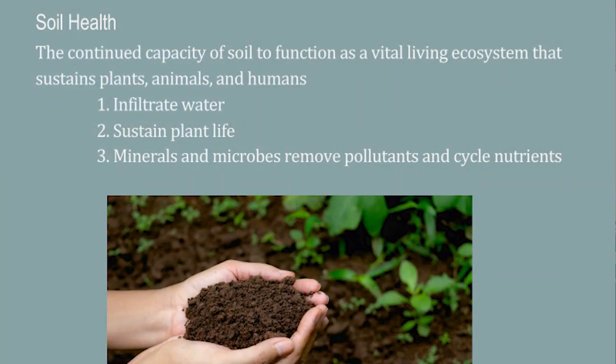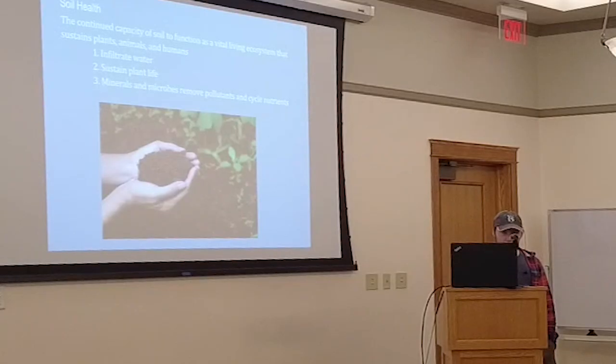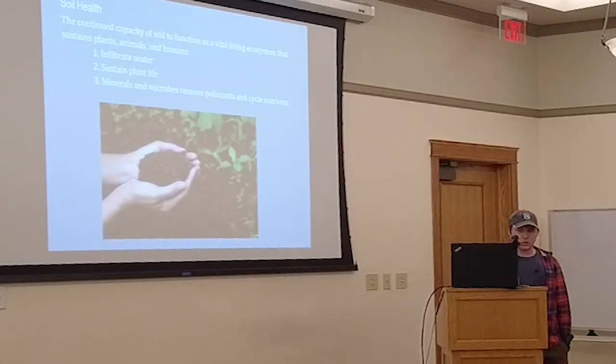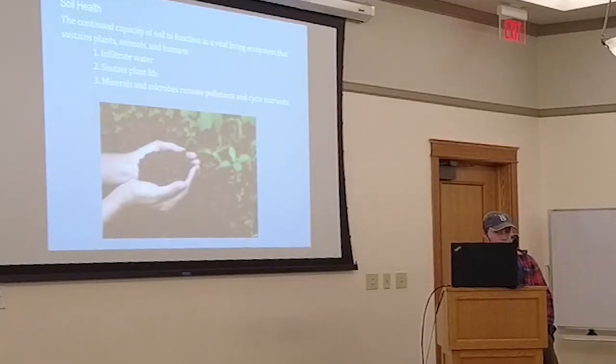My favorite topic, soil health. So not just looking at the plants on the top of the soil, but thinking about what they're growing in. The definition of soil health is basically you want the soil to function as the system that it's providing for plants, animals, and humans in the context of stormwater management and native plantings.